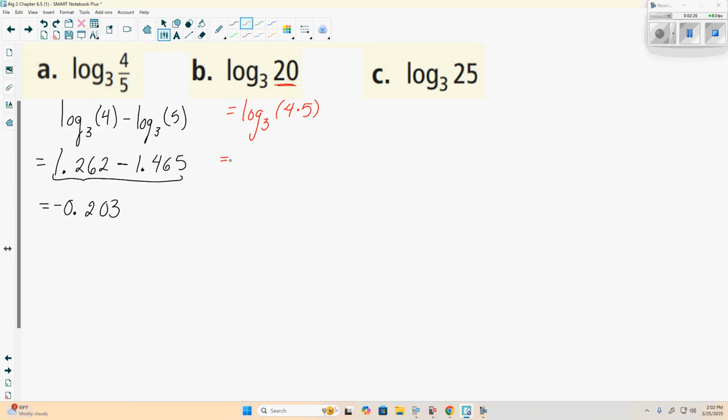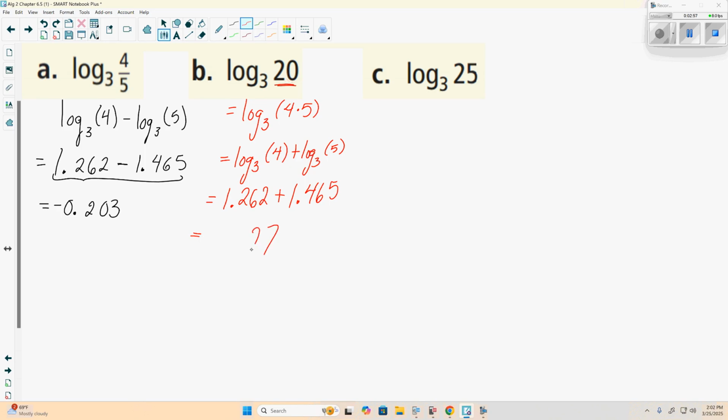Now, according to our product property, we could rewrite this as log base 3 of 4 plus log base 3 of 5. Now, log base 3 of 4, as we just said, is 1.262, plus our log base 3 of 5, so that's going to be 1.465. And the last thing we have to do is add these two together.